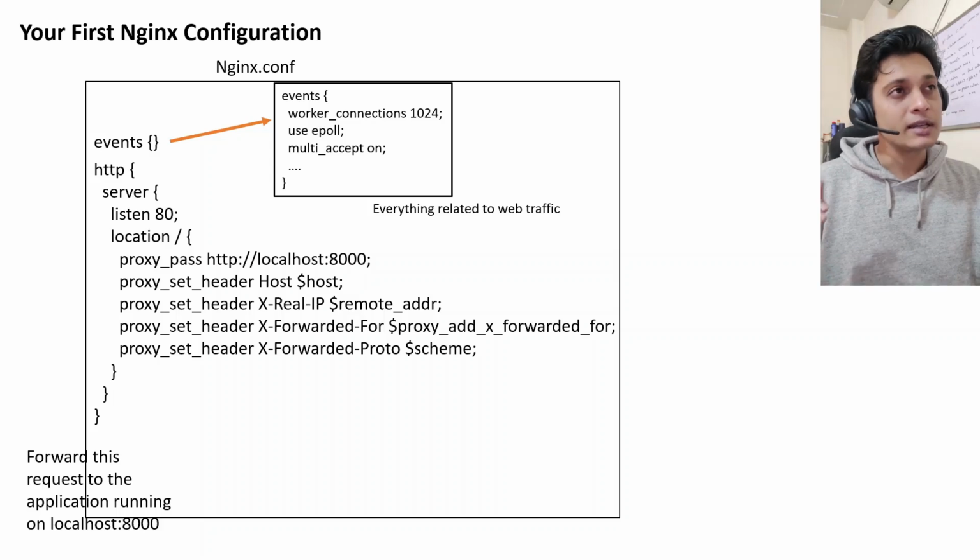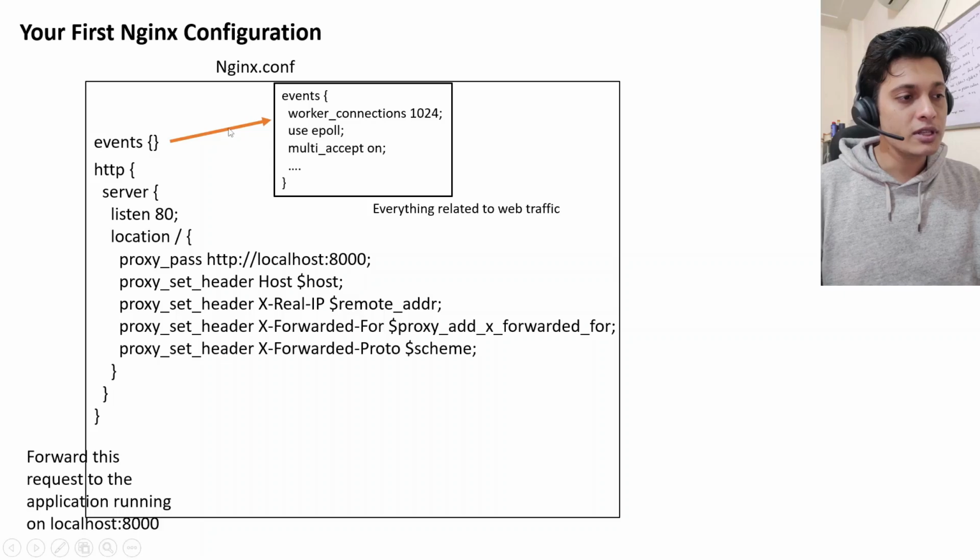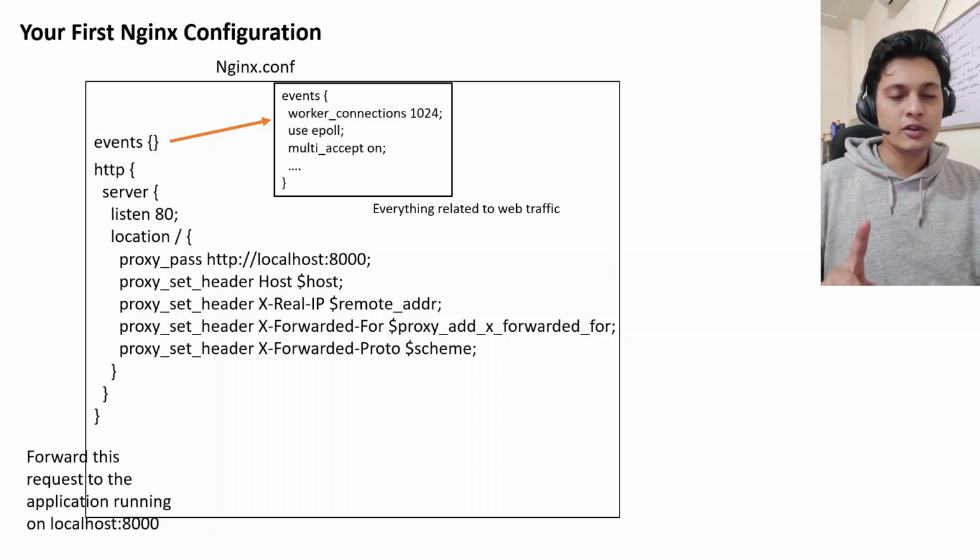Events are related to the number of requests, and to the asynchronous behavior of incoming requests. So in events, what I can use here is worker_connections.